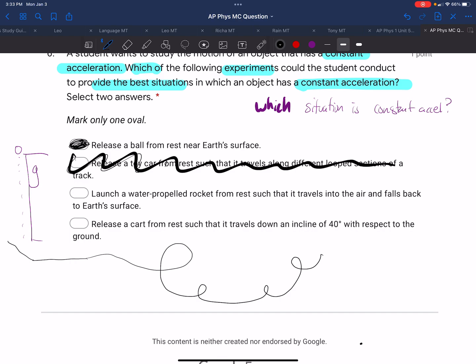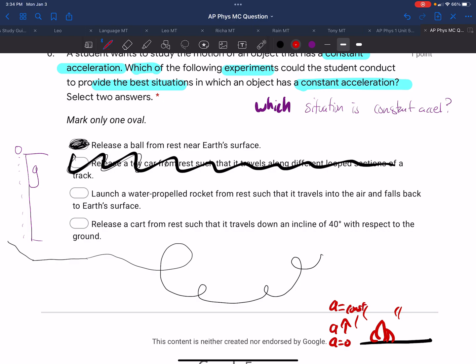So now we have a water-propelled rocket. The rocket takes off. Now what's happening is, in the beginning, the acceleration is 0, and as the rocket starts to fire, the acceleration increases. And then the acceleration is a constant.